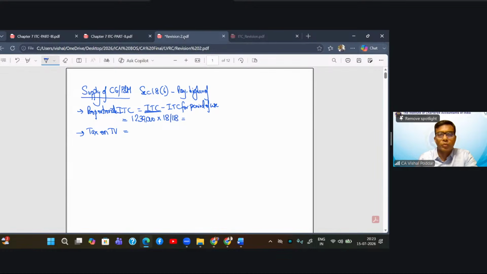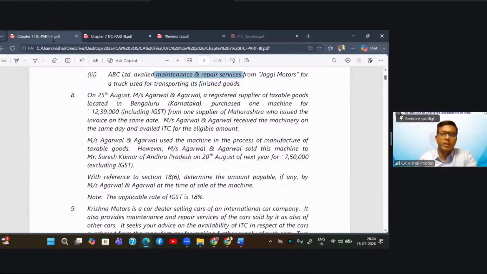If I use my calculator, I am getting 1,89,000. Minus, I have to reduce the ITC for the period of use. For this, students, if you remember, you have to take 5% into the number of quarters for which the vehicle is used, or that particular asset is used. Here it is not a vehicle, it is the asset.